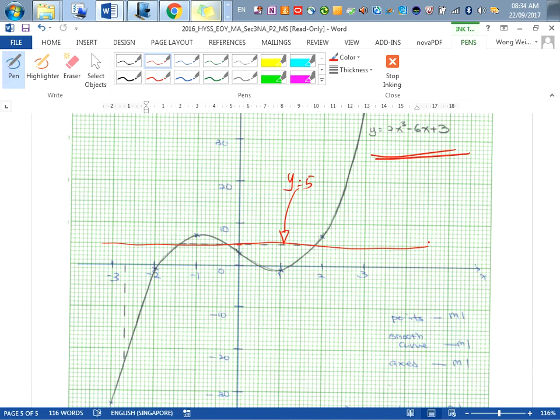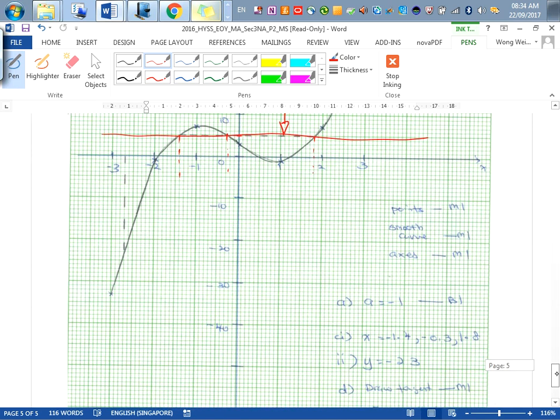How many times does it intersect? 3 times. Where are the values? First value over here, second value over here, and final value over here. So we should have 3 answers. They are approximately negative 1.4 and negative 0.3 as well as 1.8.